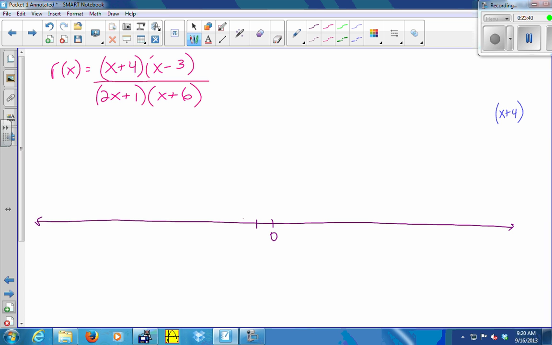So I'm going to put in a fence at -4. And to the left of -4, what is the sign of the factor x plus 4? Negative. Anything I plug into x plus 4 that's less than -4 will always give me a negative. So I'm going to put negative signs over here. And when I plug in something bigger than -4 into that factor, I get positives.